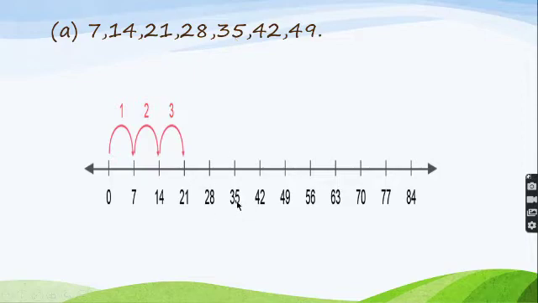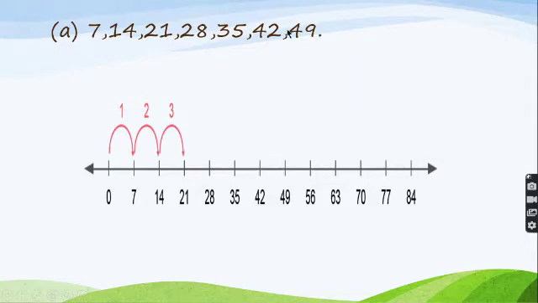When you start jumping again from 35, you reach 42, or you land on 42. It means when you add 7 to 35, your answer will be 42. Again we jump from 42 and we land on 49. When you count in sevens, your answer will be 49.